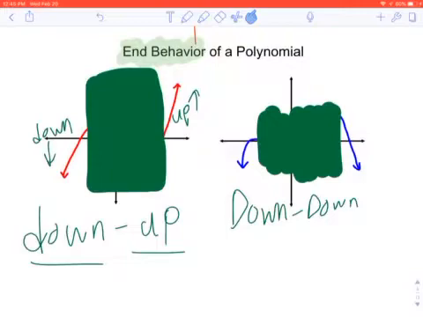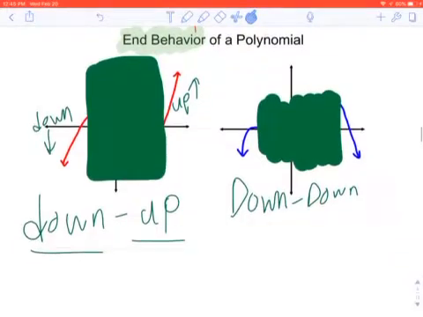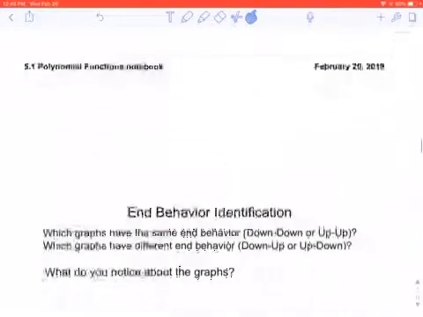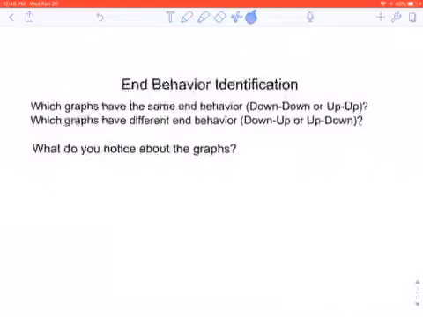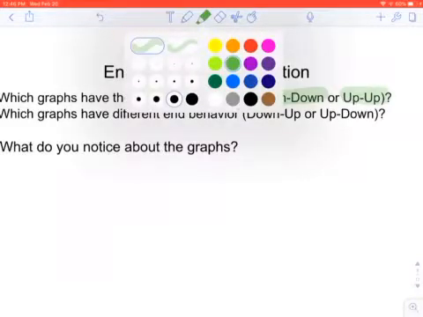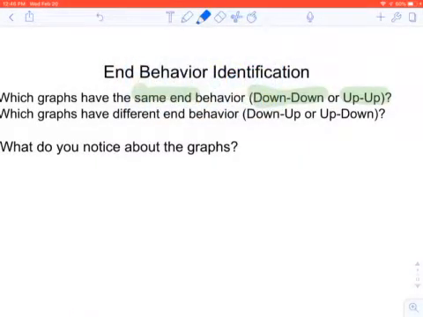There could also be up up, and up down. So that is just the vocabulary that we'll use. So what we're going to take a look at is what kind of graphs have the same end behavior, meaning they're down and down or they're up and up. And then what graphs have different end behavior, meaning they go down to up or they go up to down.